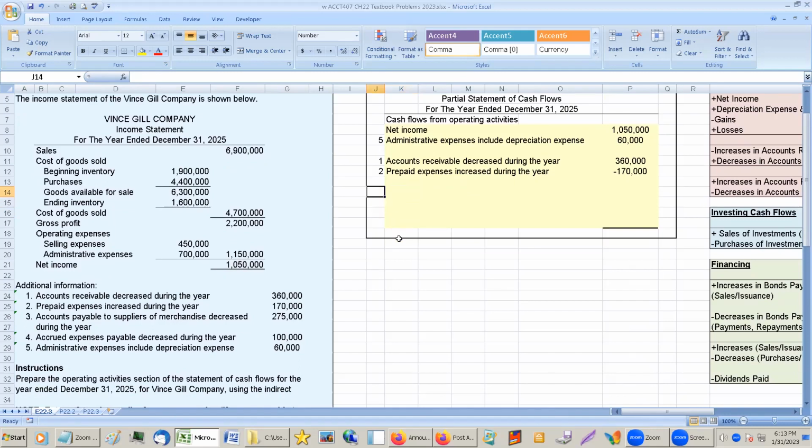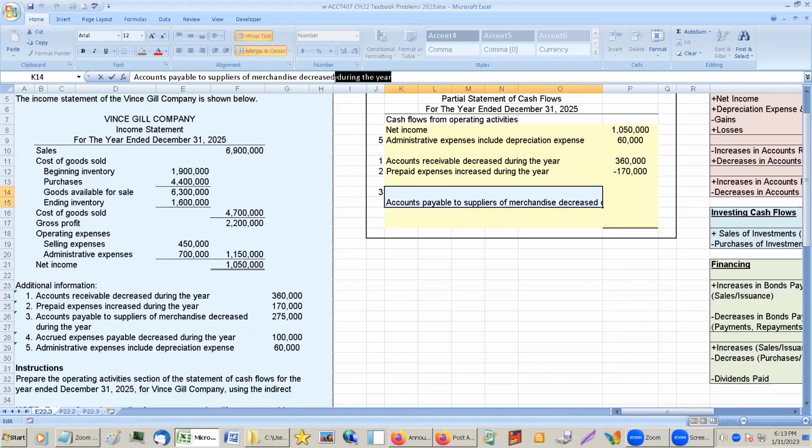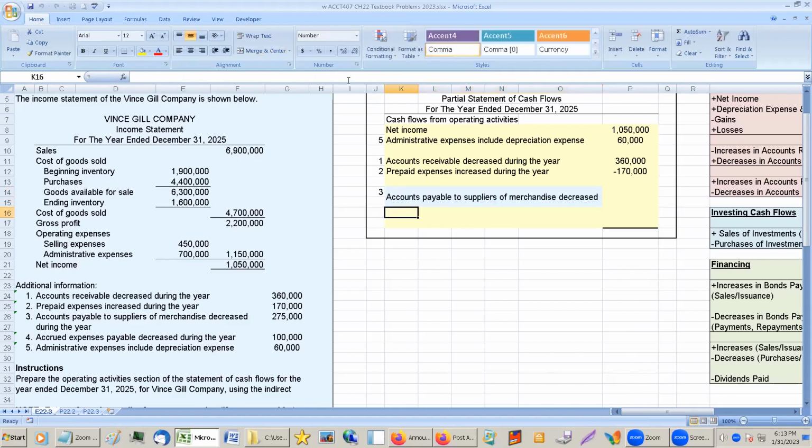I'm actually gonna skip a thing here, and I'll show you why in a minute. So let's see, what is that? 3. Oh, that one's not gonna fit. All right, I'm gonna do something here. Probably don't need that during the year anyway. Hey, it changed. Oh, that's because I cut and paste.